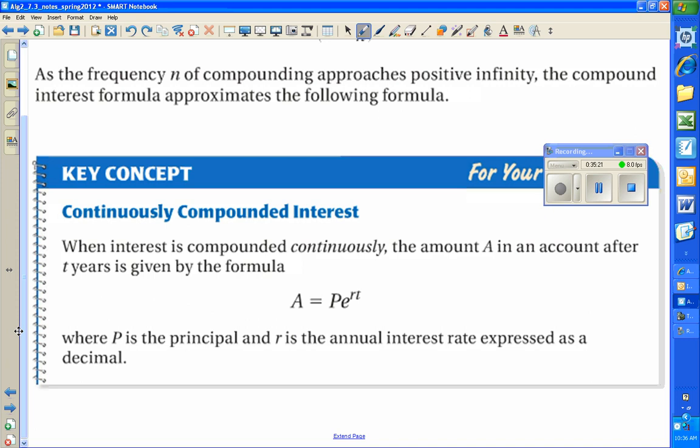We can compound monthly, daily, hourly, minutely, secondly, nanosecondly, and smaller and smaller. And if we get to the point where we're compounding continuously, we make the compounding period infinitely small, and we therefore have an infinitely large number that the power is raised to. We get this formula.